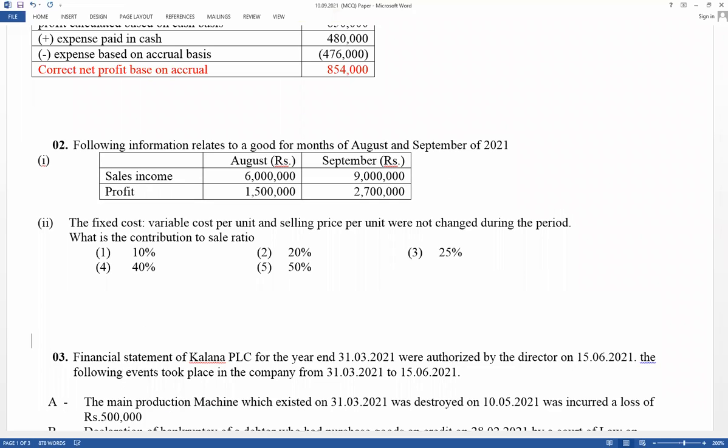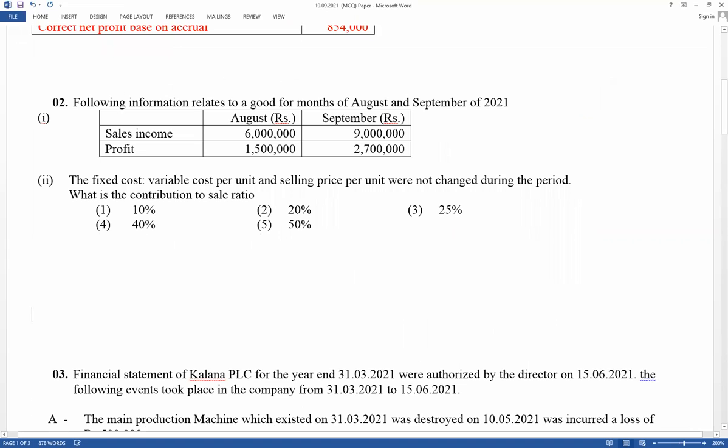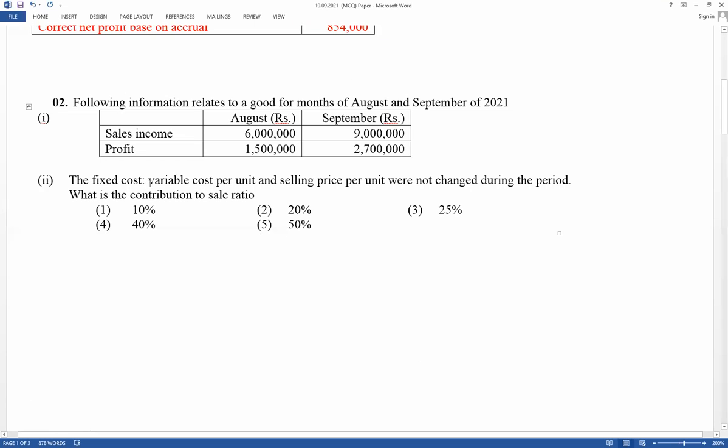This is relevant for CVP analysis. It has given the following information related to goods for the months of August and September: sales income and profit.